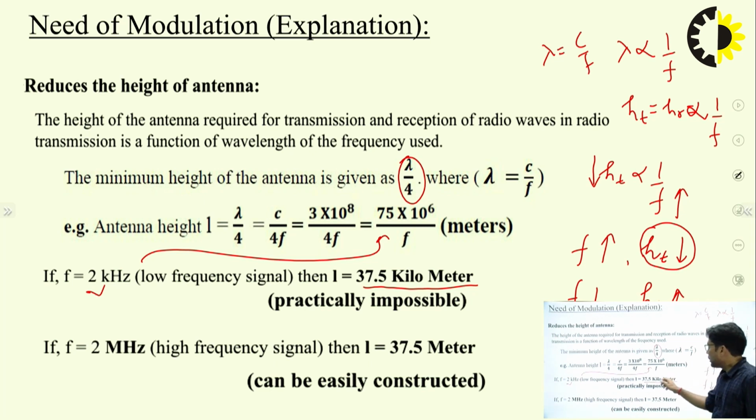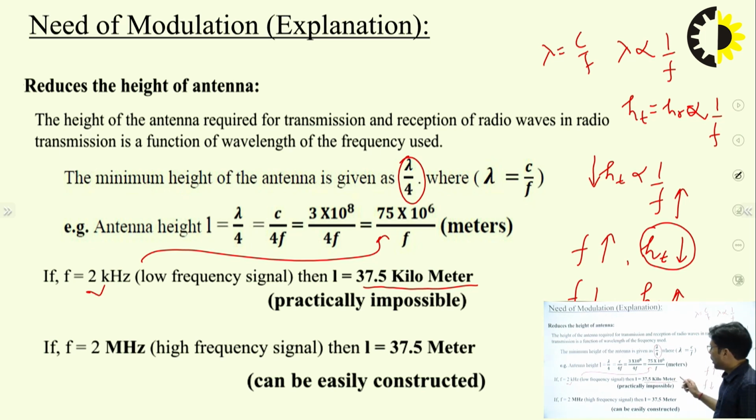Now 37.5 kilometer is a very, very huge height, so practically it cannot be possible to have this much height of the antenna.